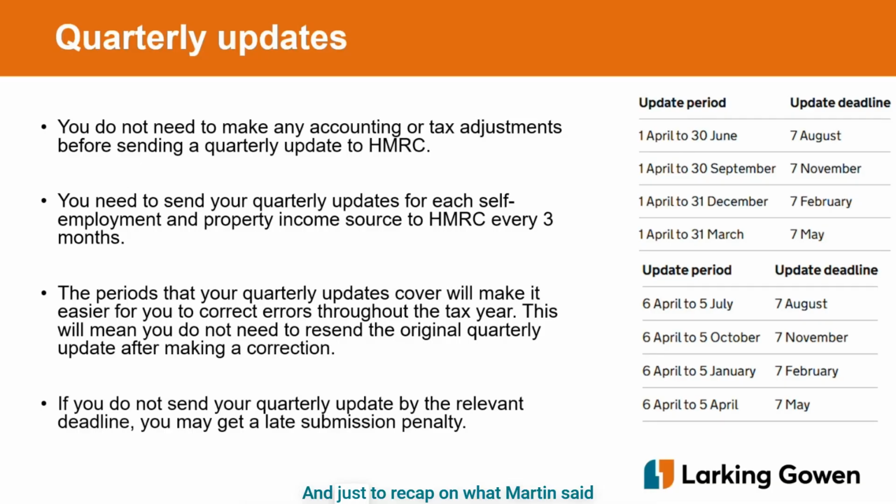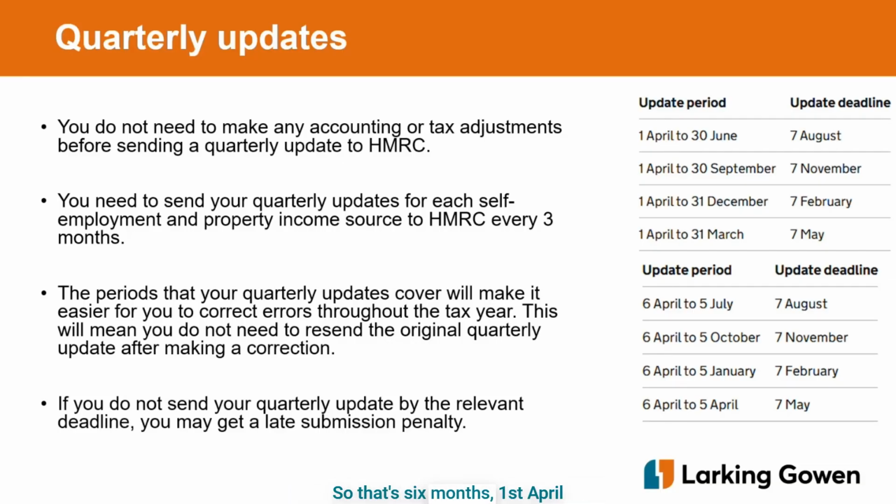And just to recap on what Martin said before, you need to set your update periods when you sign up for Making Tax Digital. The 2 examples on the right side there, the top example is the normal calendar month quarters. So 1st of April to 30th of June, and then 1st of April to 30th of September.